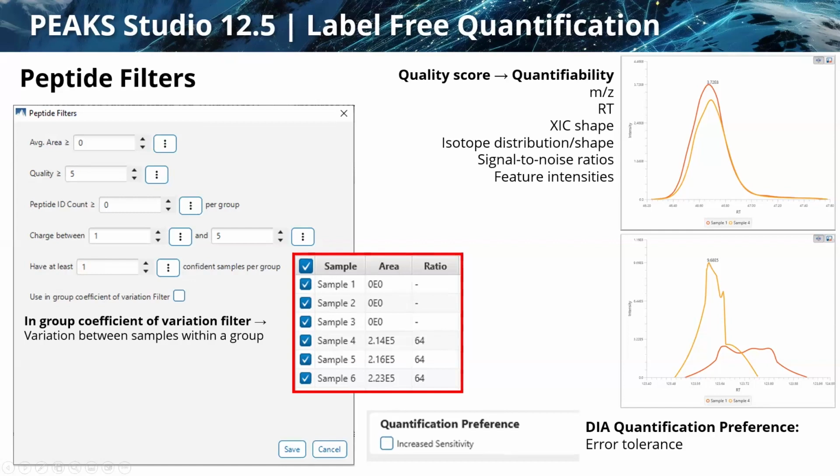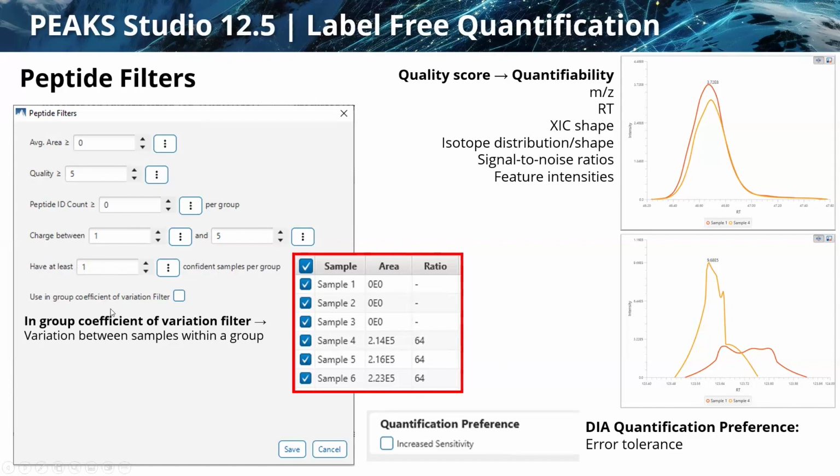So if you are expecting protein identifications to exist in one group but not another, but you still want them to visually be included in the quantification, then you should set this to 0. That way you won't exclude these cases.